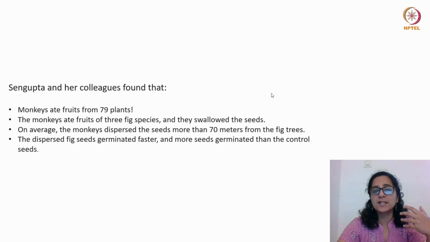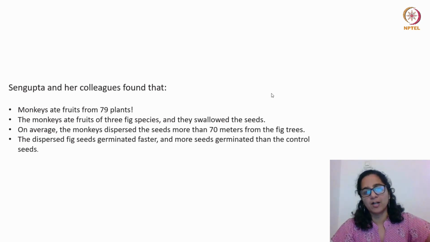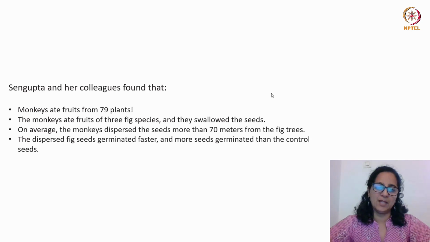The dispersed seeds germinated faster and more seeds germinated than the control seeds. The dispersed seeds are nothing but the seeds which have gone through the monkey's gut, and the monkey would have gone and pooped in some other place, and the seeds would have come down to the ground, and they will germinate, right?